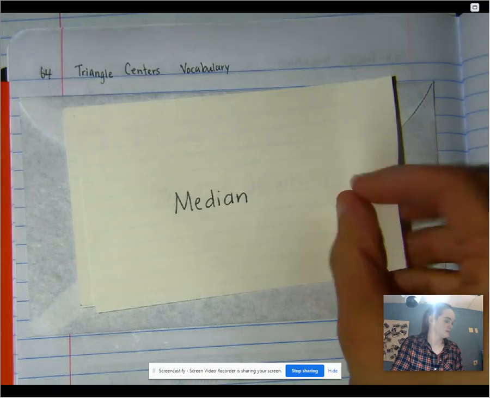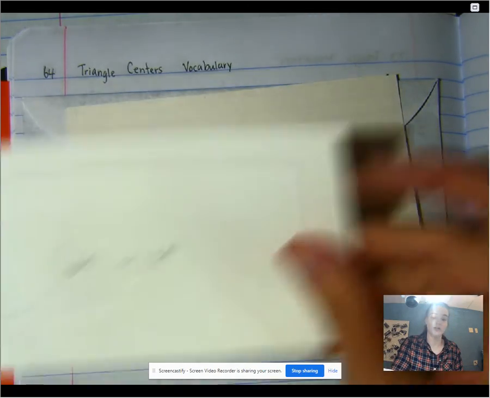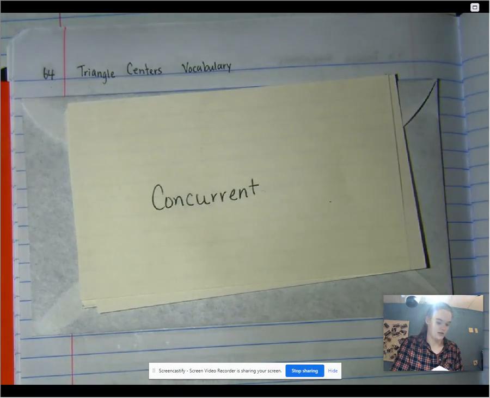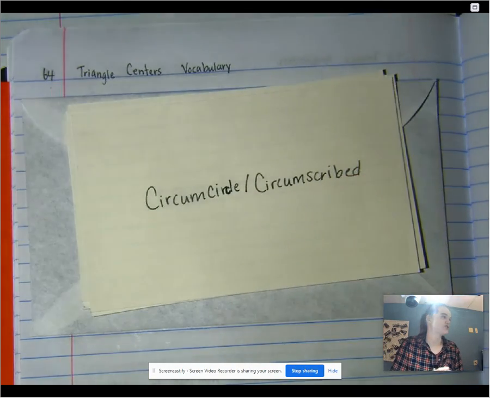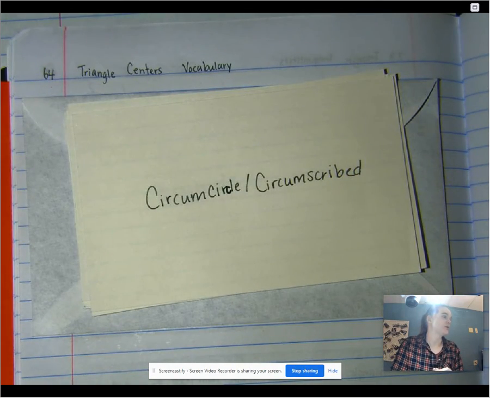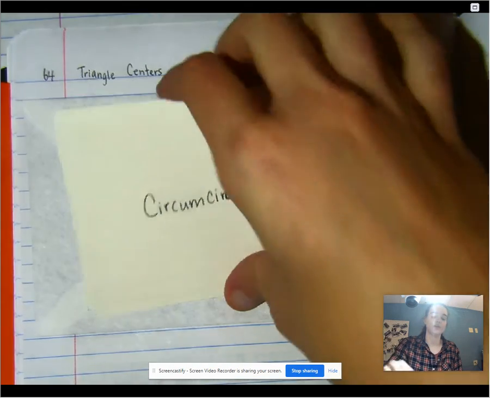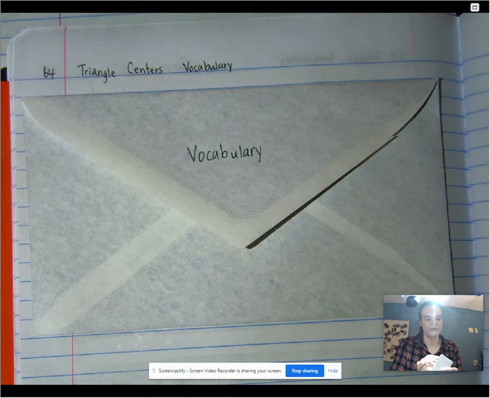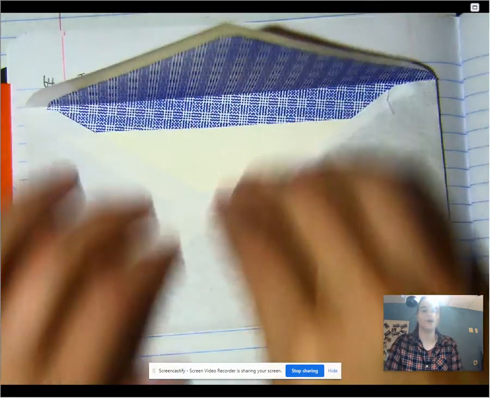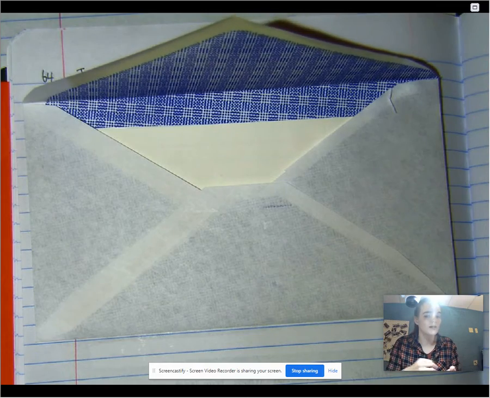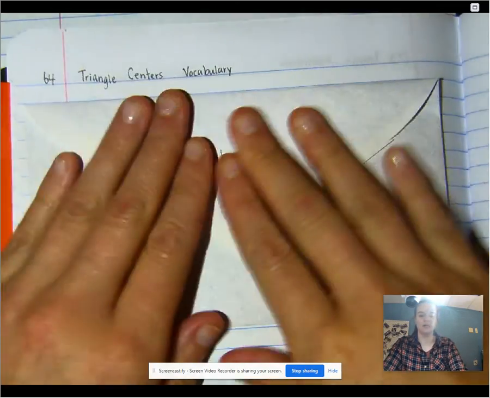Median, concurrent, altitude, and circumcircle/circumscribed. You are going to define those 6, I believe, terms from the glossary in the back of your textbook. Once you have defined them, you'll place them in here. Pause the video wherever you need to get those words written on your note cards, okay?